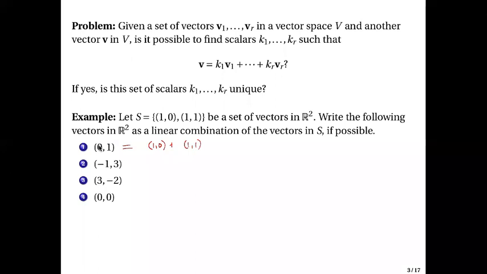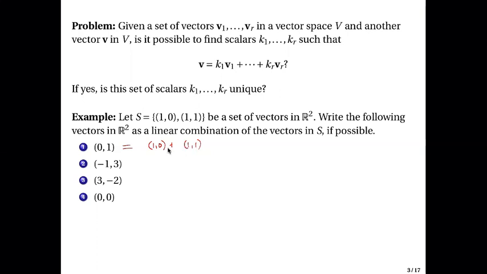Since we want this to be 0, and we have 1 here and 1 here, then we have to subtract this vector here and then this vector here. But take note that if we are going to subtract, we must have 1 on the second coordinate here. But look at this. You have 0 on the second coordinate for this first vector and 1 in the second coordinate of the second vector.